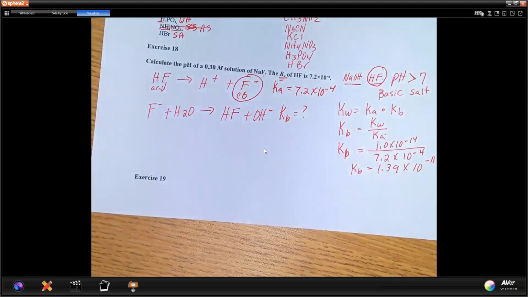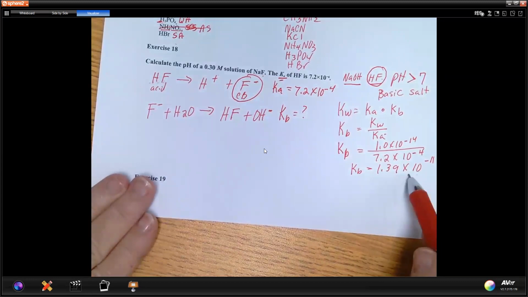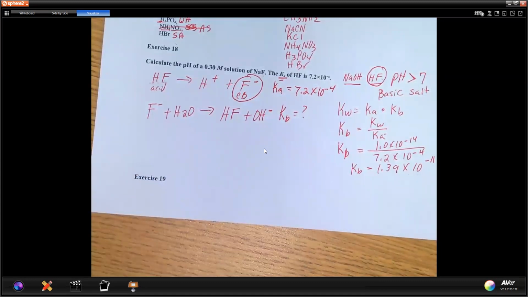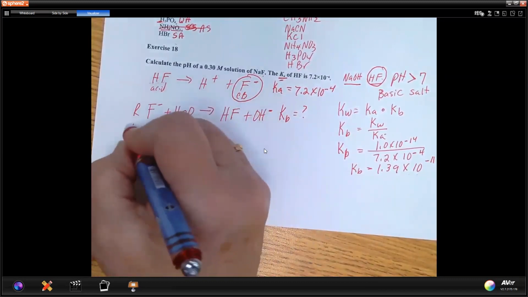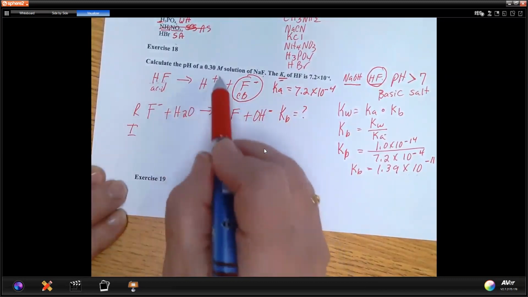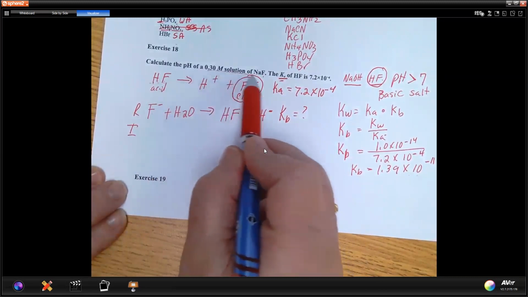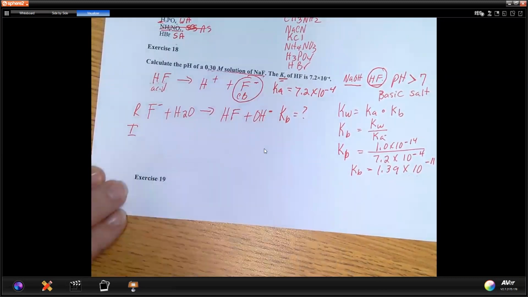All right, now I have that information. It's a very small number. So when I start working with this, I should be able to drop my X. It's going to be a very small number. All right, so this would be my reaction, my initial. It says I have 0.3 molar sodium fluoride that would completely ionize.